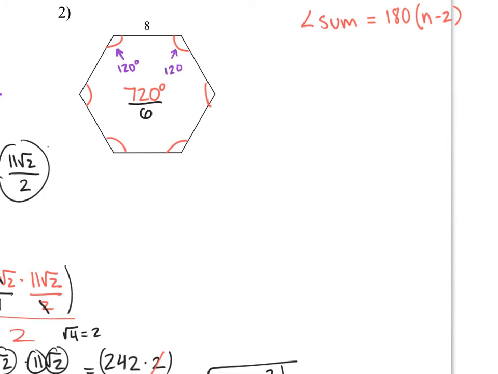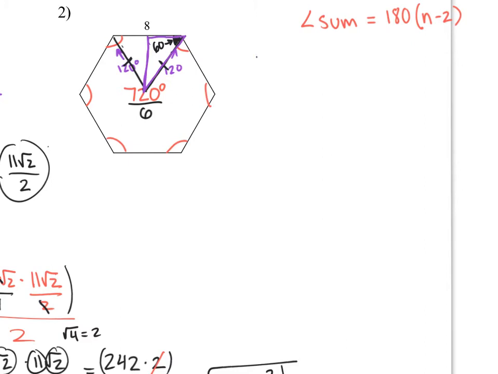Then if I take this idea of putting isosceles triangles in, you see that these radii not only are congruent, but they also cut these angles into equal sized pieces. So I'm taking this 120 degree angle and dividing it in 2 again, which gets me 60. So this angle right here is 60 degrees. Then if you drop down your apothem, you start to see that you have this nice right triangle.